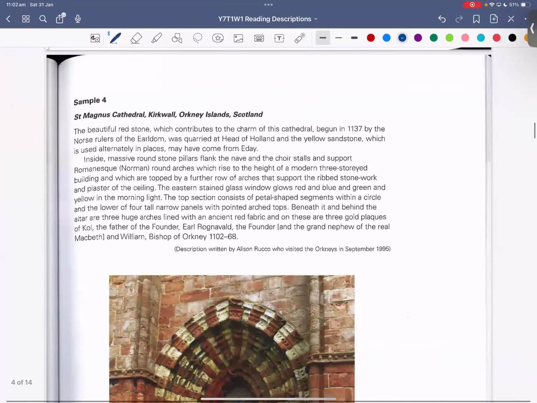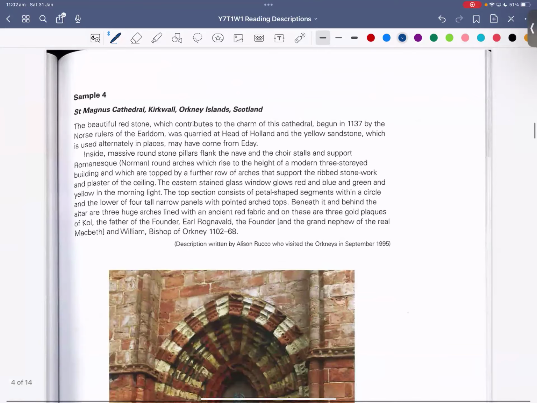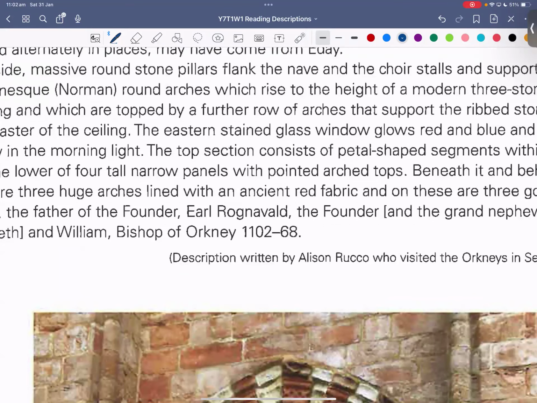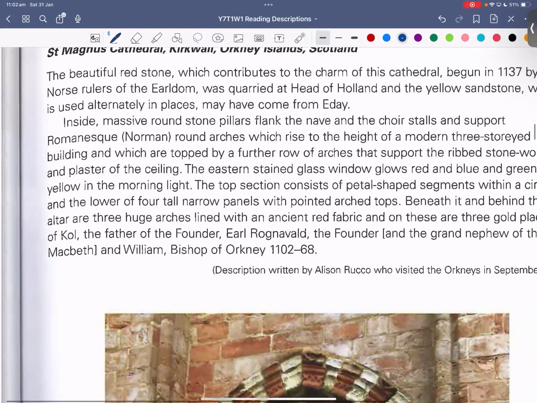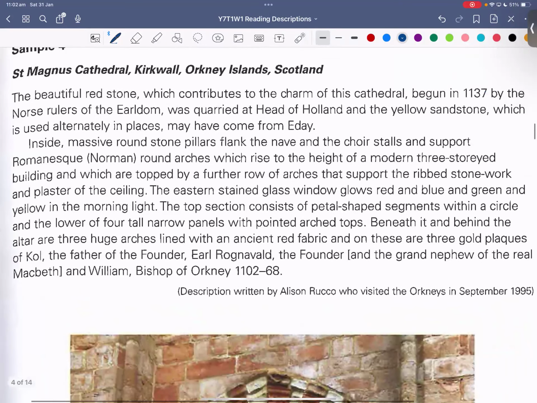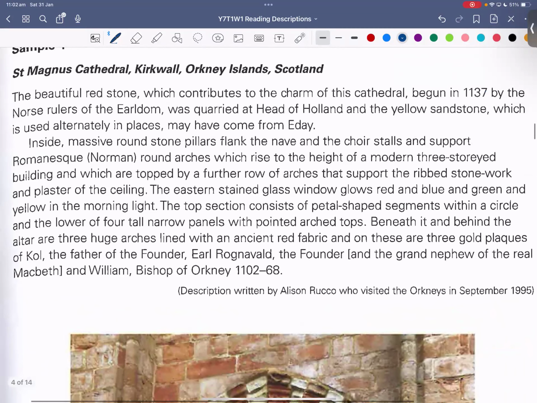What shows us this? Maybe the ancient red fabric from a long time ago. Massive round stone pillars.